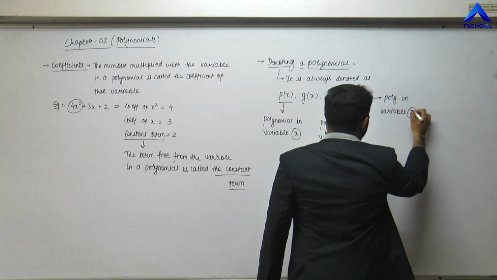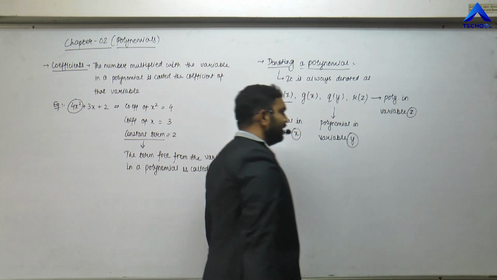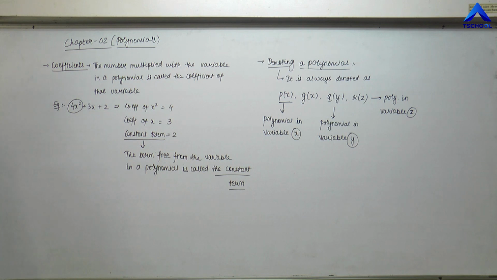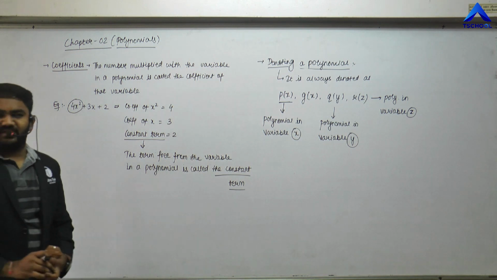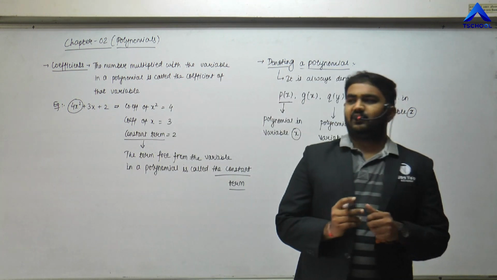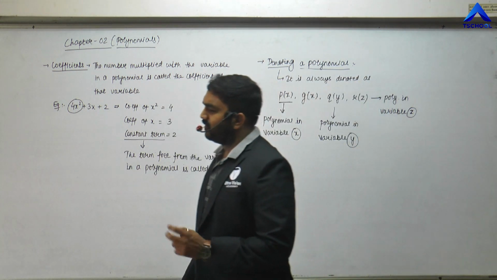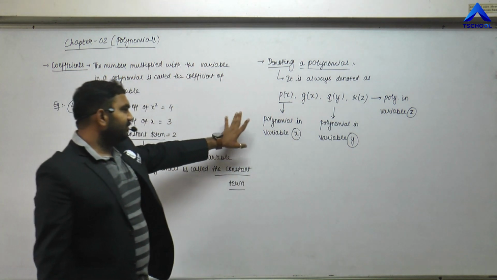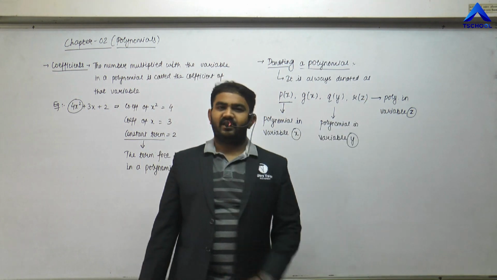So in this way a polynomial can be denoted. A polynomial simply means it is a mathematical expression expressed as an algebraic addition of more than two terms of the same variable but of different powers. It is denoted as p of x, g of x, q of y, r of z, and so on.